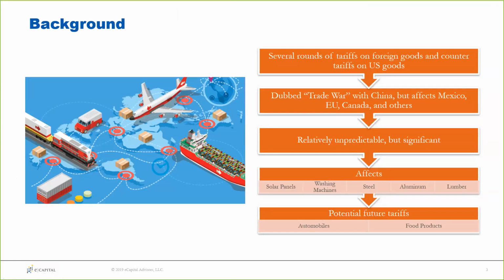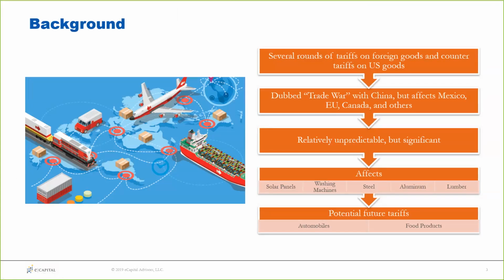And some of the unpredictability with this is that it's not all consistent as well. Some of the raw material ones, steel, aluminum, and lumber, they started out as broad tariffs across the board, but then all of a sudden there's exemptions for certain countries. So some countries still have steel tariffs while some don't. So very unpredictable, but can have very significant impact on the business.